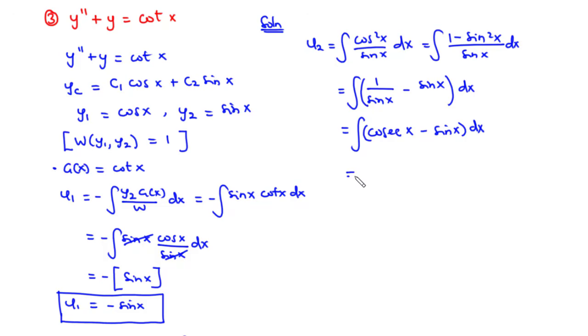Now, if you integrate cosec x, then we are going to get ln of tan x over 2. And then when you integrate sine x, we are going to get negative cos x. So negative becomes positive, and then cos x. So this is u2.